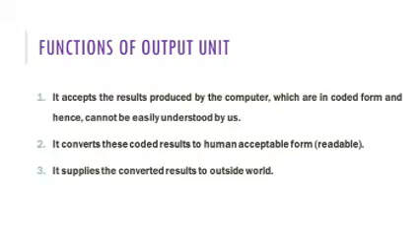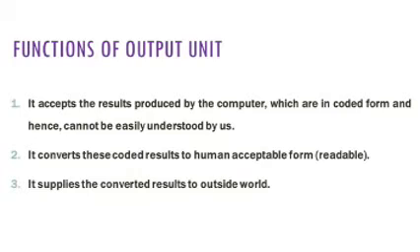We should focus on this basic method as a function of the computer, because without these actions we would not get the result in a good form. In short, we can go through the output unit in three simple steps.